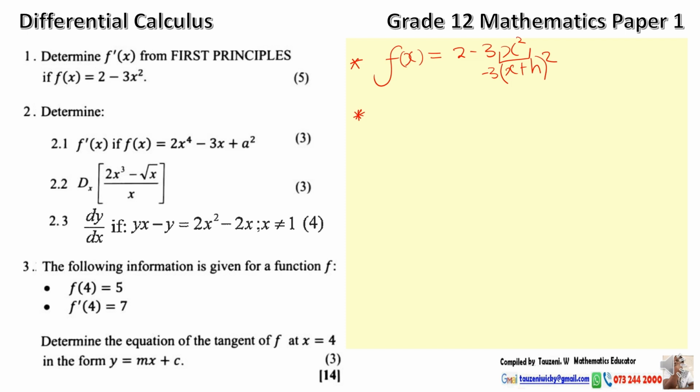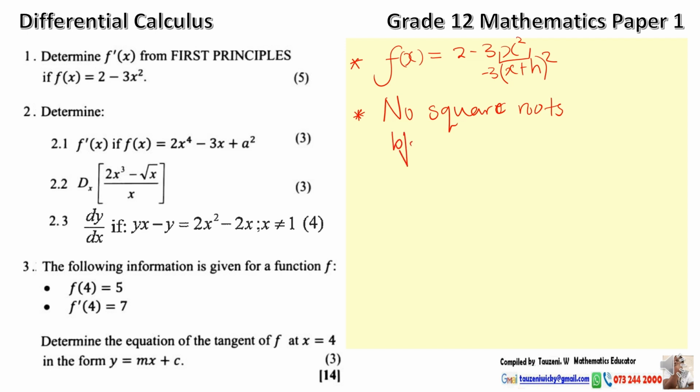Then in number 2, important items to remember when you are working with differentiation rules. Now you must make sure that your expression does not have square roots. So that means I must get rid of square roots, not by removing them literally, but by expressing them in a different way using the laws of exponents.